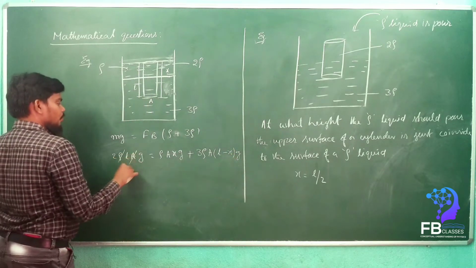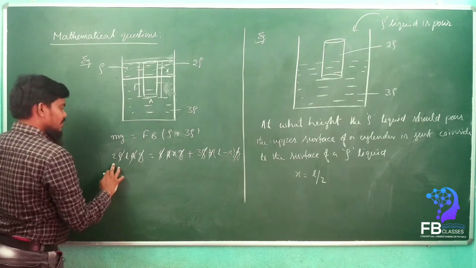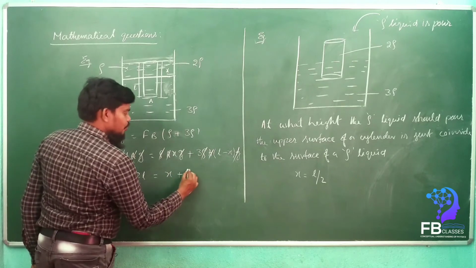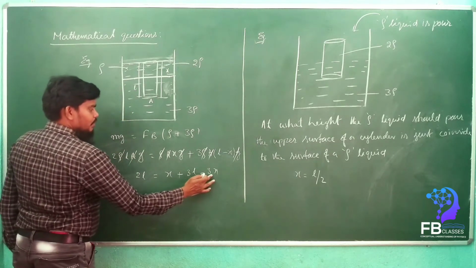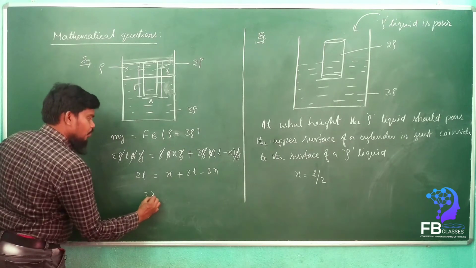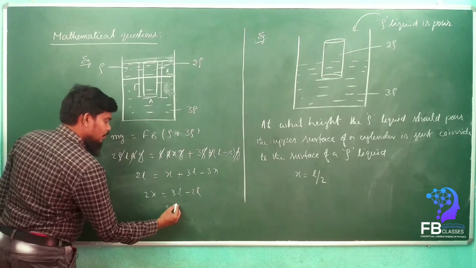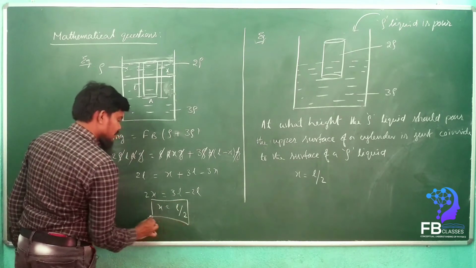So here rho A g will get cancelled. What remains here is 2L is equal to x plus 3L minus 3x. So 3x minus x is 2x, which is equal to 3L minus 2L, that is L. So x equals L by 2 is the answer.